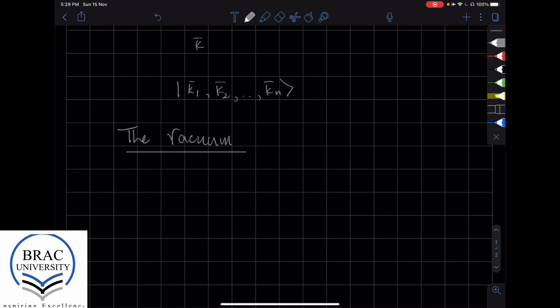So in the non-interacting field theory, we denoted the vacuum state by a 0 inside a ket. So this was the vacuum in the free theory.